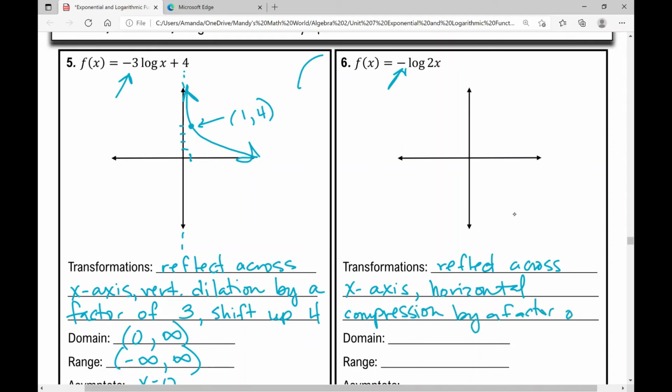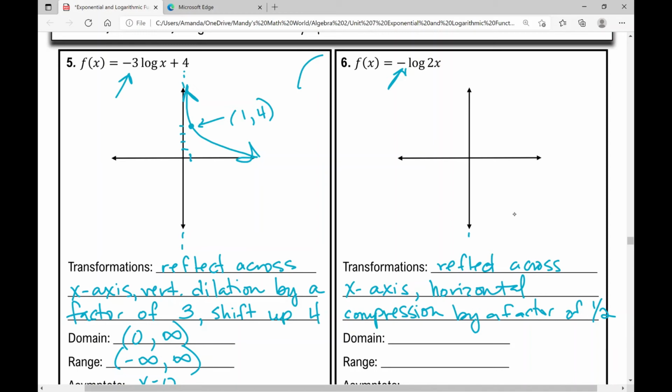Again, like I said, I have seen horizontal stretch by a factor of 2. Just make sure that horizontal is in front. I have seen horizontal dilation by a factor of 2, and horizontal dilation by a factor of 1/2. The horizontal stretches and compressions really can confuse students a lot. Now, are we moving left or right?